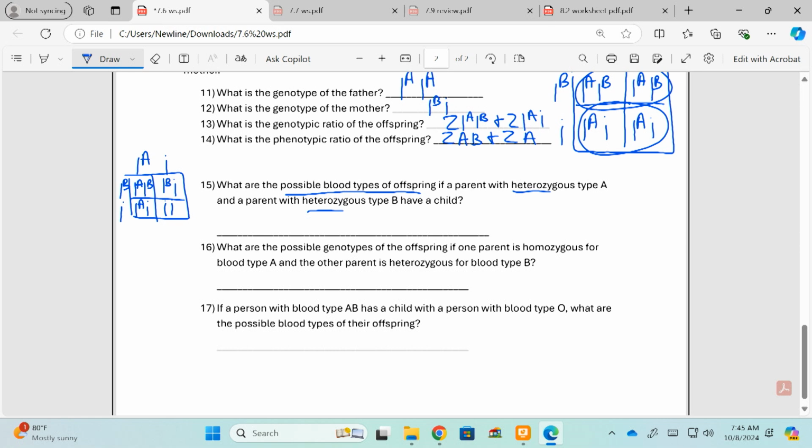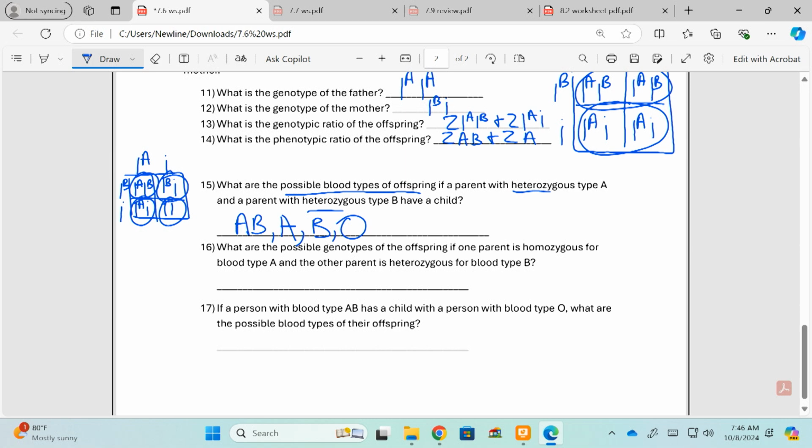The children can have type AB blood, that would be this one. The children can have type A blood, which would be this one. The child could have type B blood, which would be that one, or the child can have type O blood, which could be that one. So if a heterozygous type A and a heterozygous type B have a child, any blood type is possible.